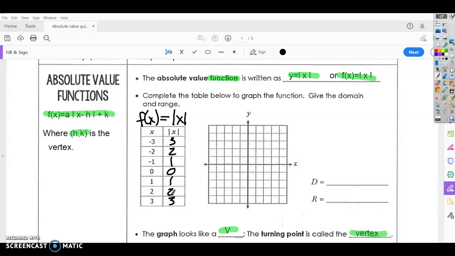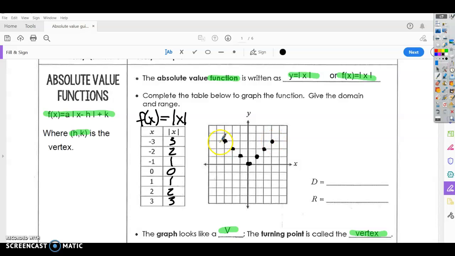So what do these look like on the graph? So I'm going to graph these as ordered pairs. -3, 3, -2, 2, -1, 1, 0, 0, +1, 1, 2, 2, 3, 3.